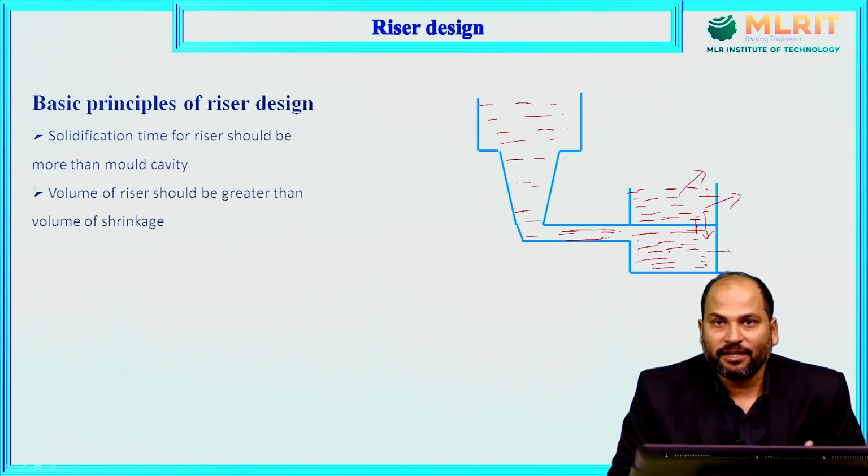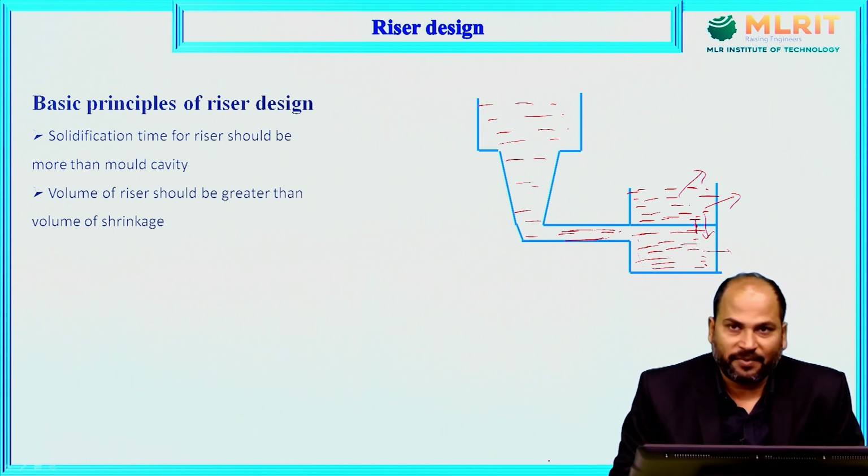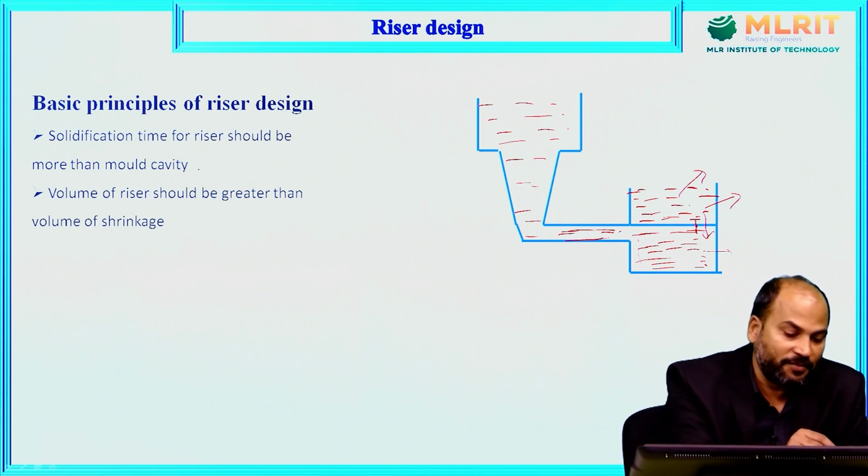If it is not liquid, it is definitely not going to fill it. So the first basic requirement of the riser design is that we make sure the riser solidifies after the solidification of the mold cavity.